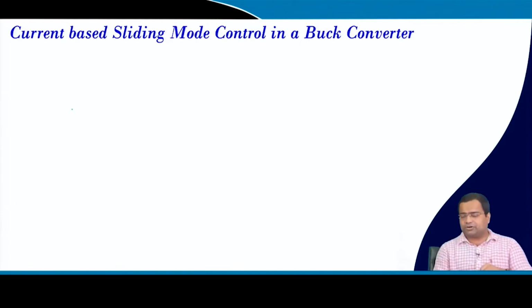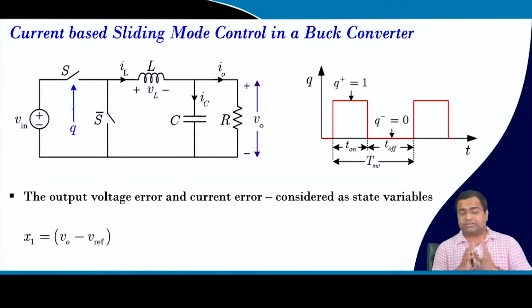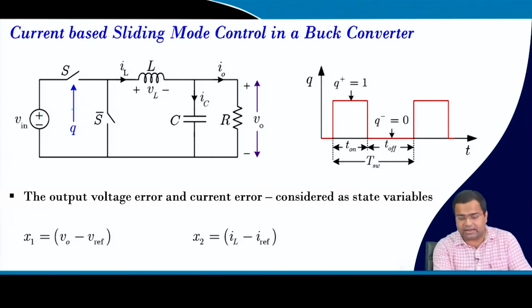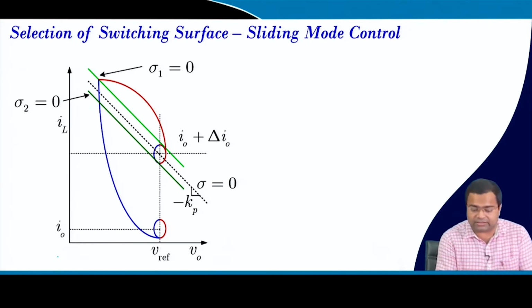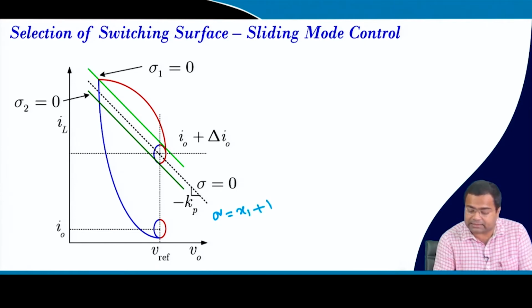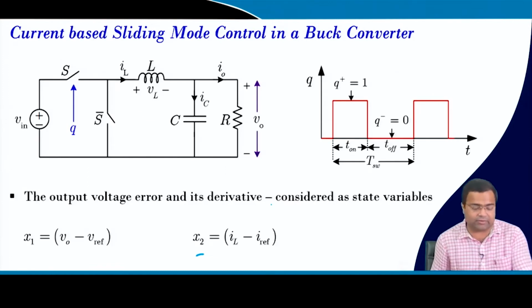Then current based control. In current based control, we can use inductor current as one of the state variables, and output voltage as another state variable. You can take error current and error voltage as the states, and we know how to form this. So, this sigma in this case will be x1, the error current, plus Kp into, so we will check what x1 is, the error voltage.